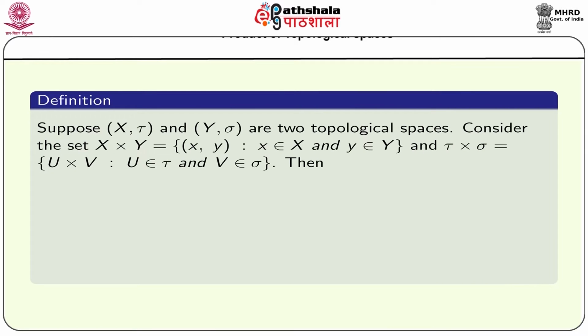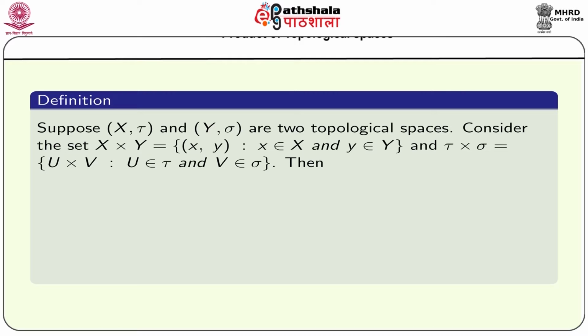Product of topological spaces gives a method of construction of various other topological spaces from given ones. Now, we shall introduce finite product of topological spaces and see one or two examples of such products of spaces. Suppose we take two topological spaces, one is X tau and the other one is Y sigma.